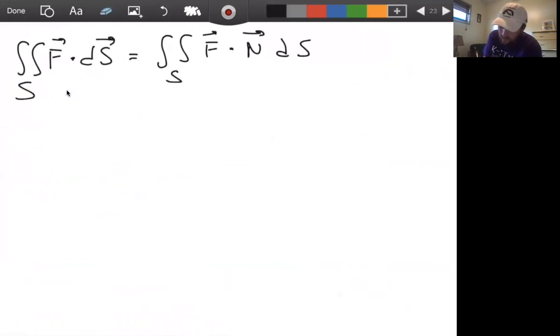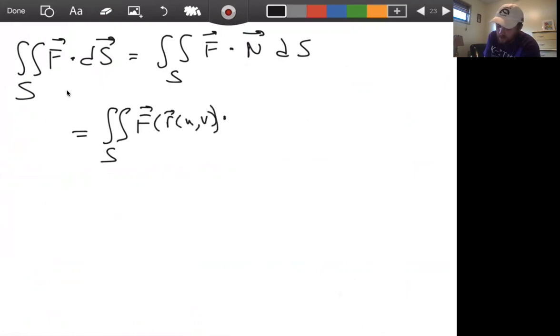let me give myself some more room here. This becomes the scalar surface integral of F, and let's plug in our parameterization, R of u,v, dot, now what's n? n is Tu cross Tv divided by the magnitude of Tu cross Tv, dS.